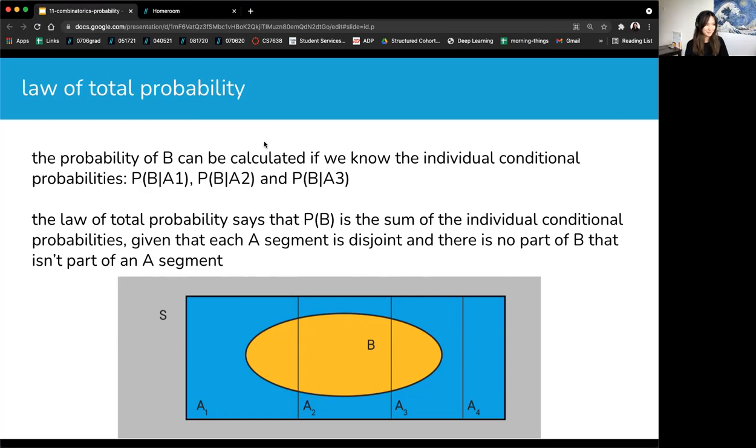So in this case, the formula is actually, and don't worry about memorizing this for now, it's ingrained in my head because I did this for years, unfortunately, but the probability of B is equal to the probability of B given A1 multiplied by the probability of A1, and then plus the same thing for A2 and A3.